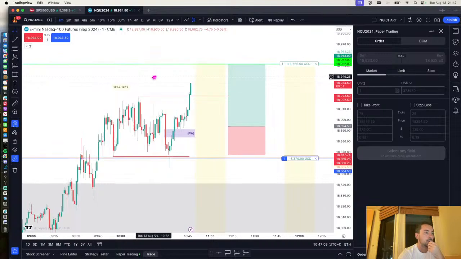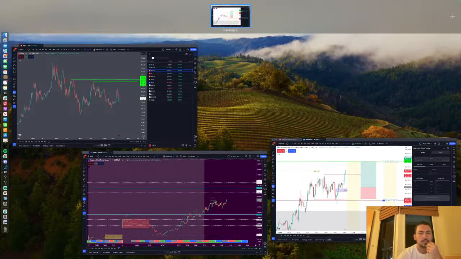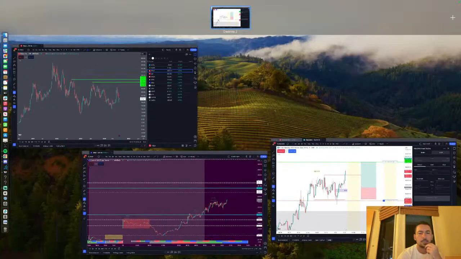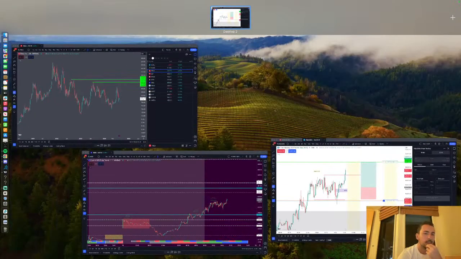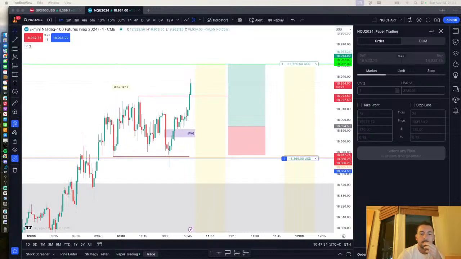Okay, guys, take profit is almost hit. Take profit is almost hit. Almost there. And it might even hit before the macro, who knows, but let's see what happens here.